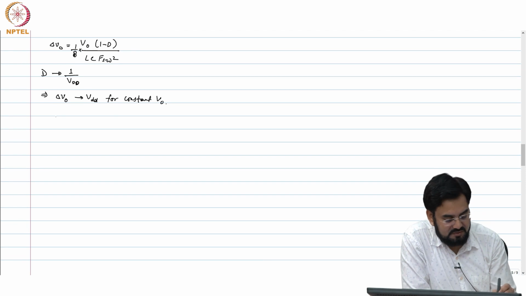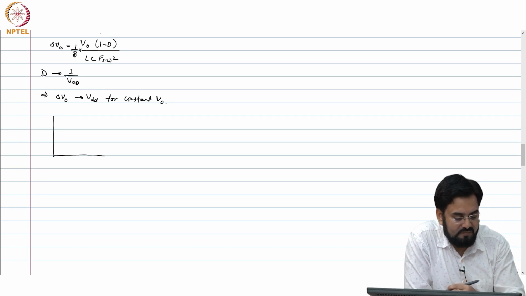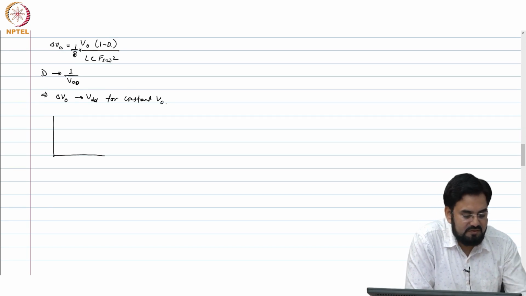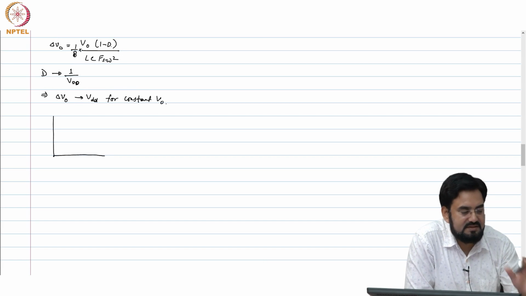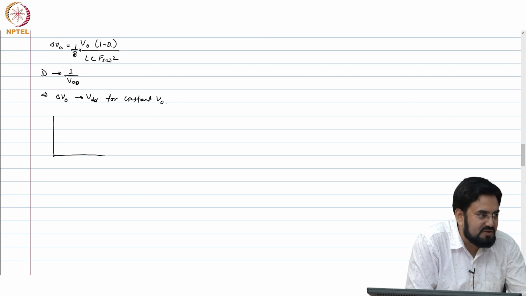Okay. So, at D equal to 0, the maximum ripple in this case will be at D equal to 0, which implies that V in is maximum. But D equal to 0 is usually a hypothetical thing, so ripple voltage as such will be 0.